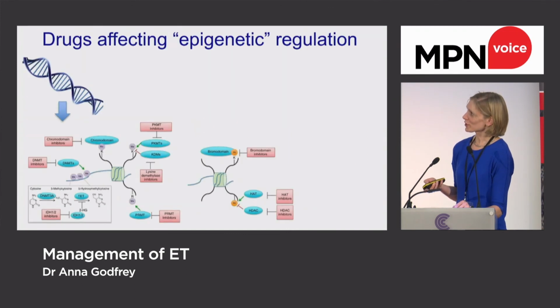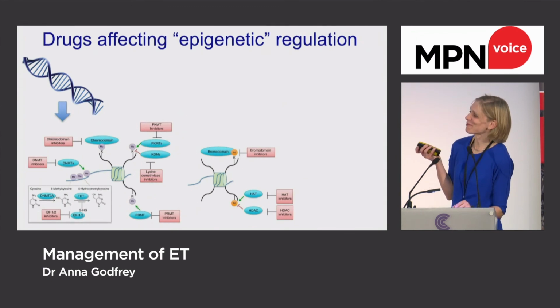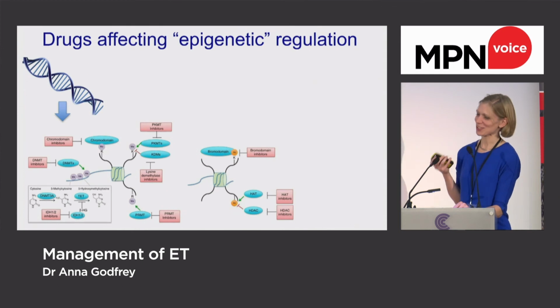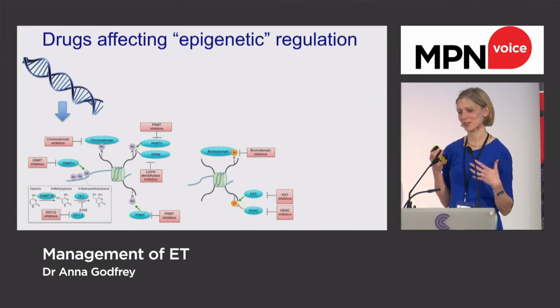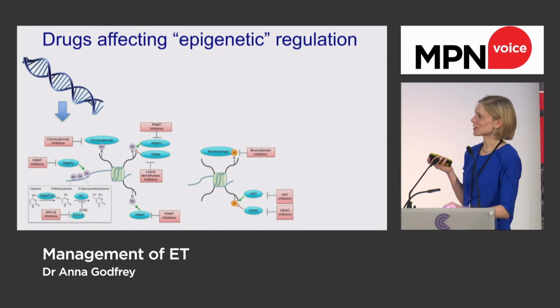What about new drugs? Nice sciencey slide. The reason I'm showing you this is just to show that we're seeing whether doing things differently will help. I've shown you a picture of DNA, and we often show DNA as this double helix, but it doesn't really look like this in cells at all.